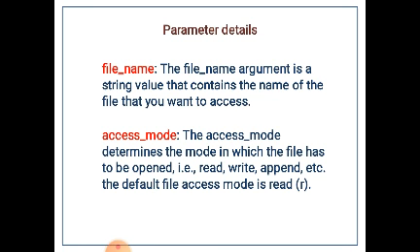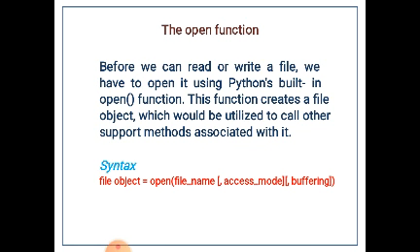First, before we open a file, we have to know the name of the file. The name of the file is generally a string, and that file name argument is a string value that contains the name of the file that we are going to access. Now the second thing, as you see in the syntax here, we have learnt about the file name, simply the name of the file.